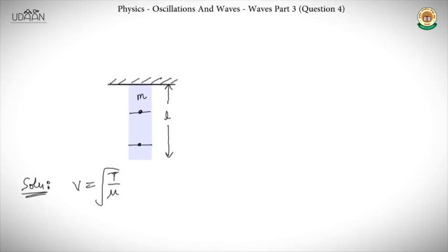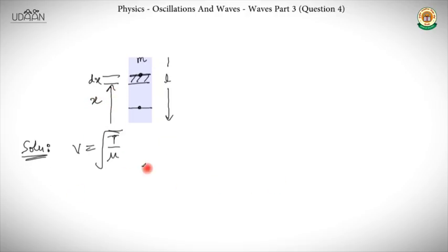So let's find the function of tension in terms of x. Take an element of length dx at a distance x from the bottom. So your tension is mu, which is mass per unit length, into x into g.